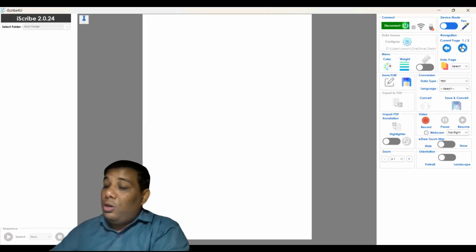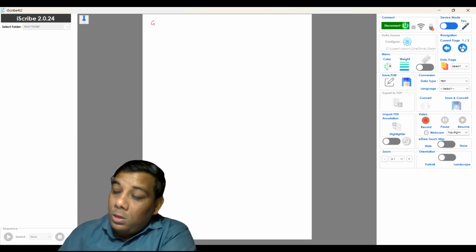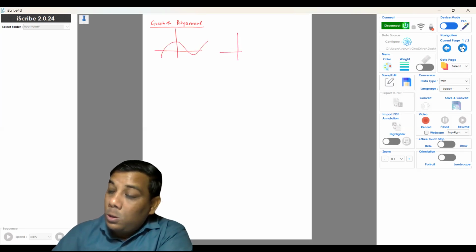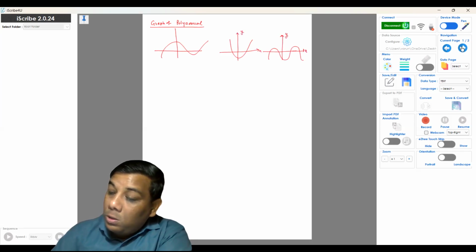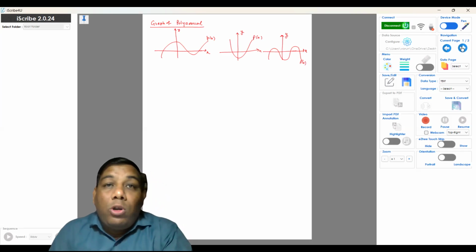Now, graph of the polynomial. These three different graphs we have drawn on the screen.